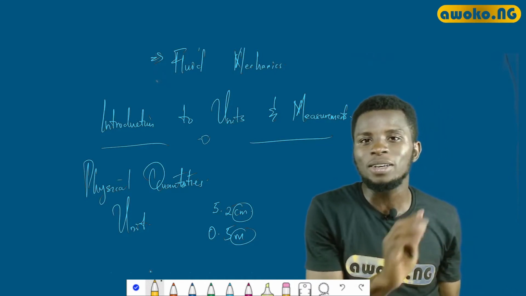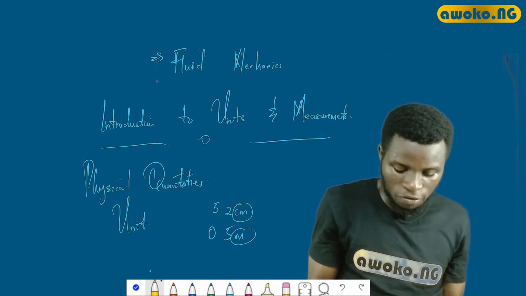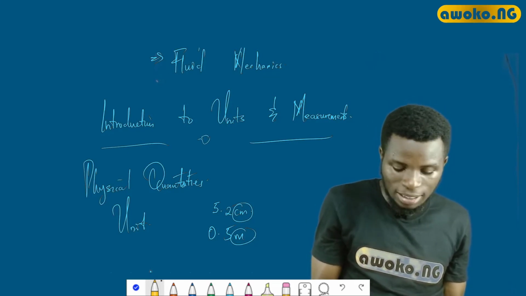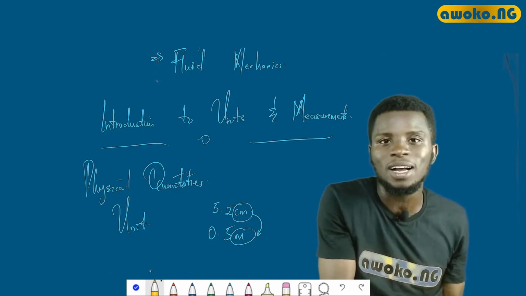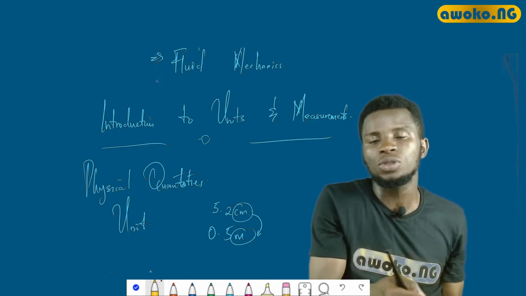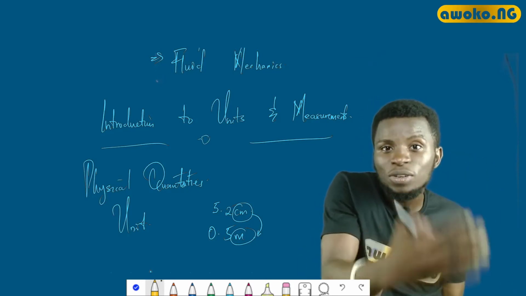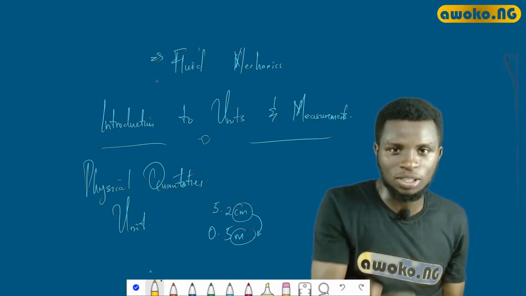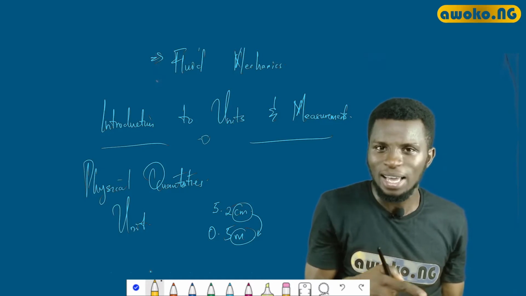Though they talk about the same thing, which is the length, this unit is different from this other unit. That is, centimeter is different from meters. Of course, we can convert both of them to the same unit. Later on, I'll make you understand how we can convert a unit to another unit. So this is just a layman example.